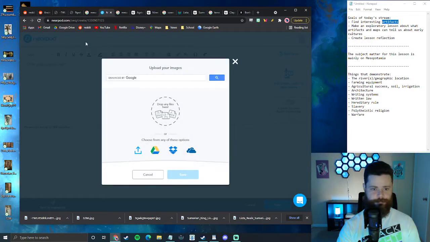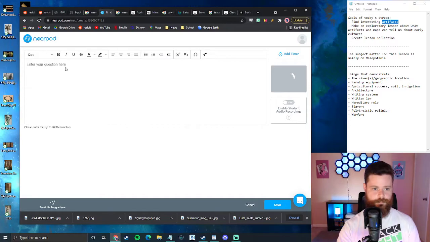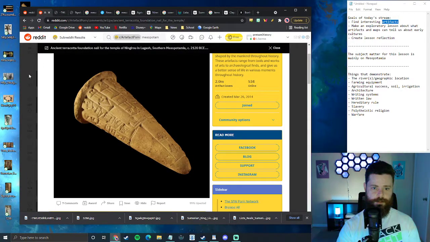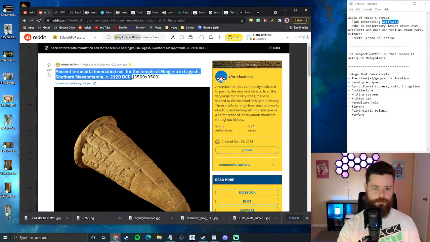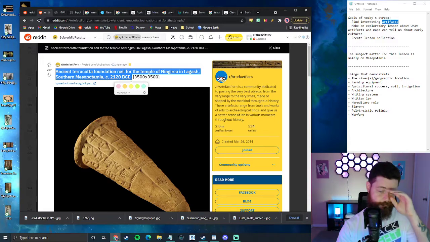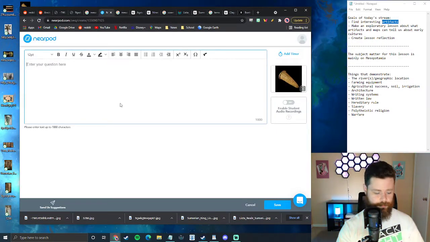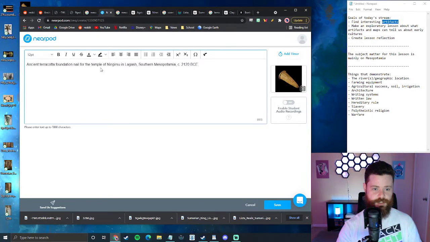Here. How could I describe this one? Actually, no, I think that's simple enough. Ancient terracotta foundation nail for the temple of Girsu in Lagash, southern Mesopotamia.